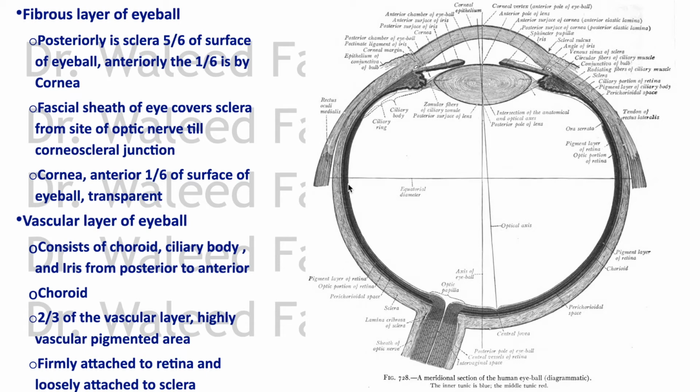The inner layer, which is the middle layer, the choroid layer, is full of blood vessels and pigments. Anteriorly, it forms the ciliary muscle. Now, this ciliary muscle in a cut section is triangular in shape, but actually it's a ring of muscle that surrounds the lens.